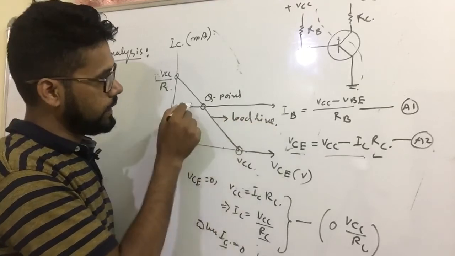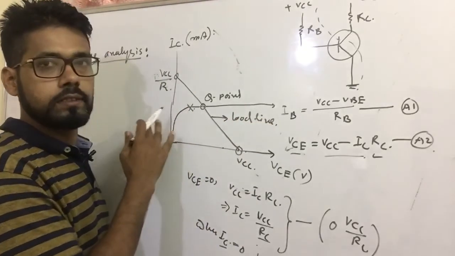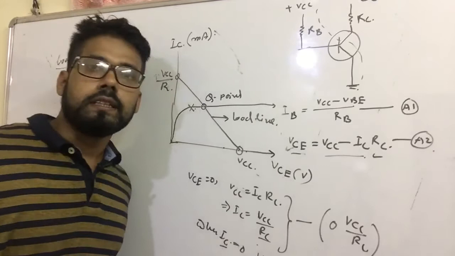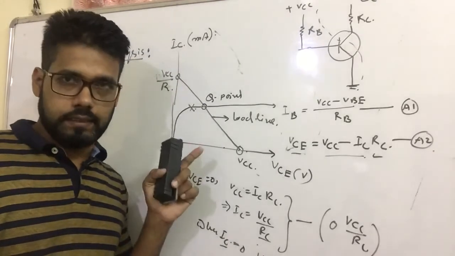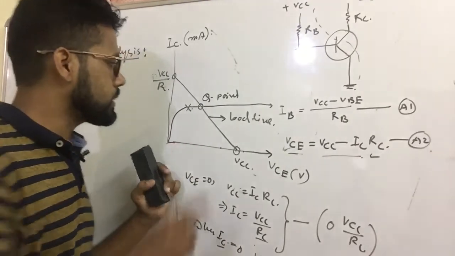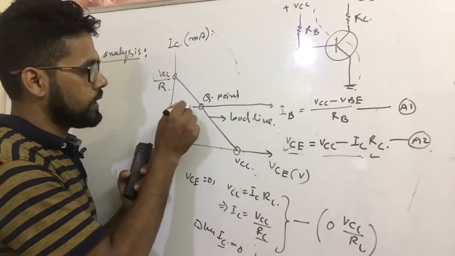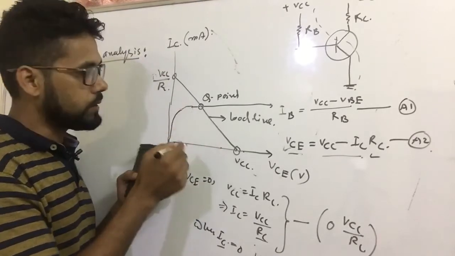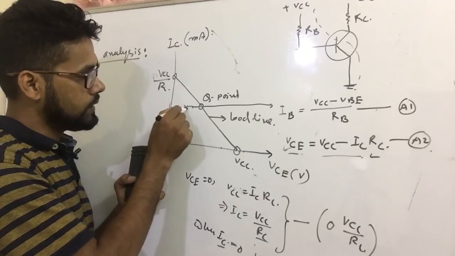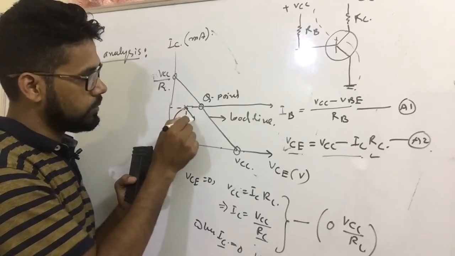Clear? Any point below this curve is where the device can be used. Suppose you draw a characteristic curve and analyze the device, and you take a point. What is the value of this point?